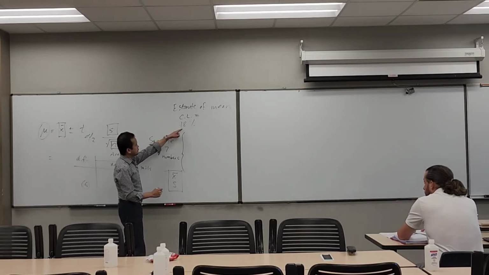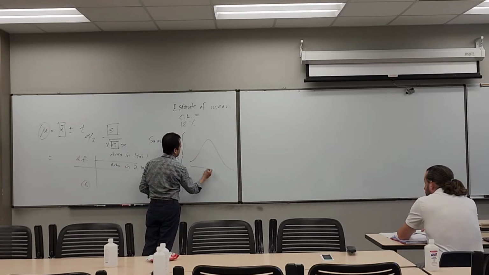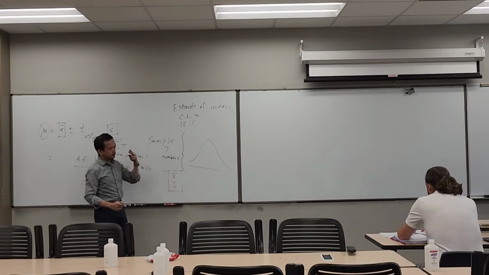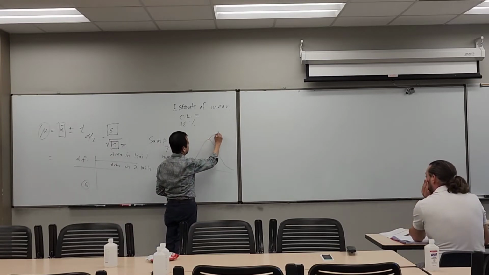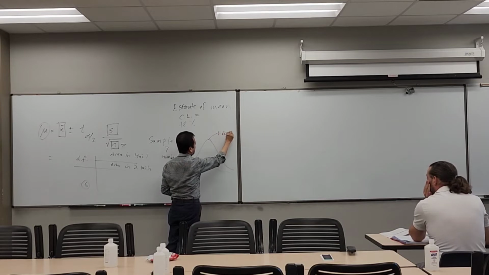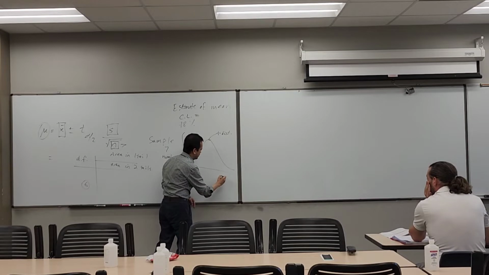So you can visualize what we're doing here by drawing this distribution. Since we're estimating the true mean, this distribution ends up being a t-distribution. The reason is that the variable you're finding the distribution of is our sample means.